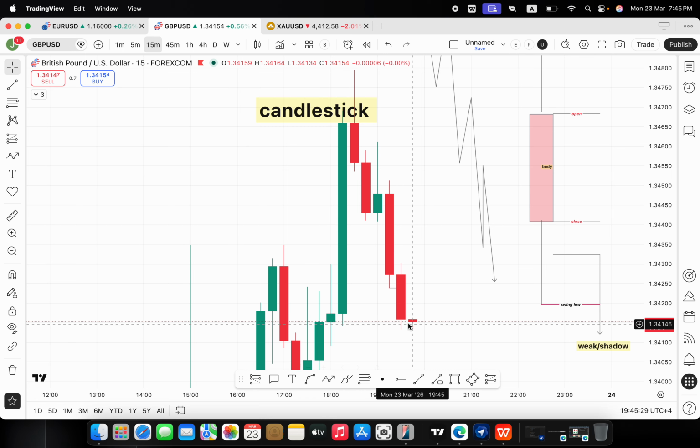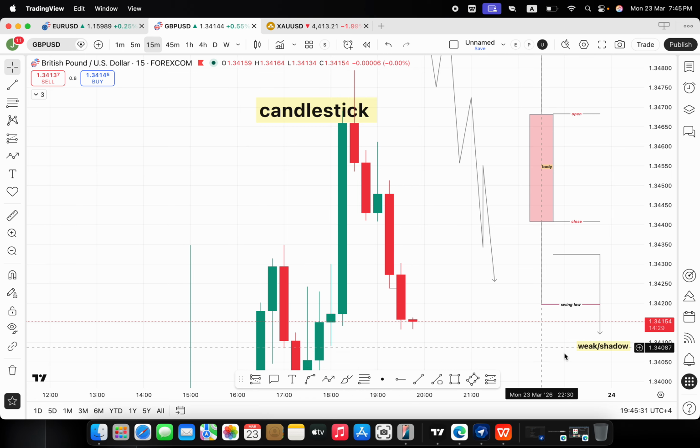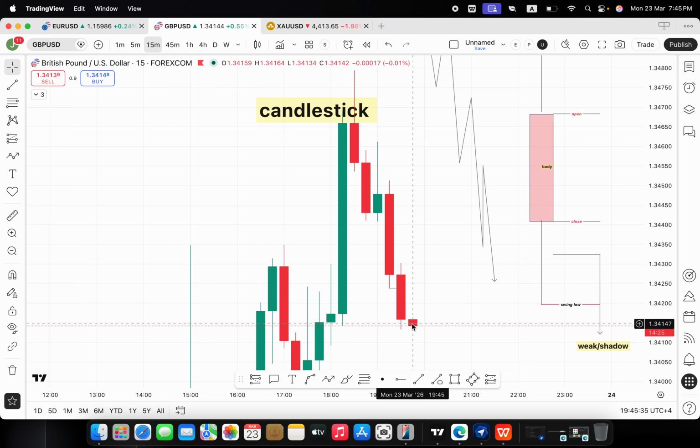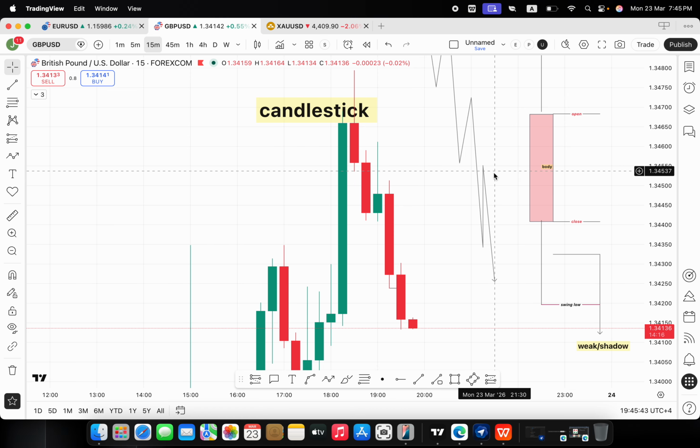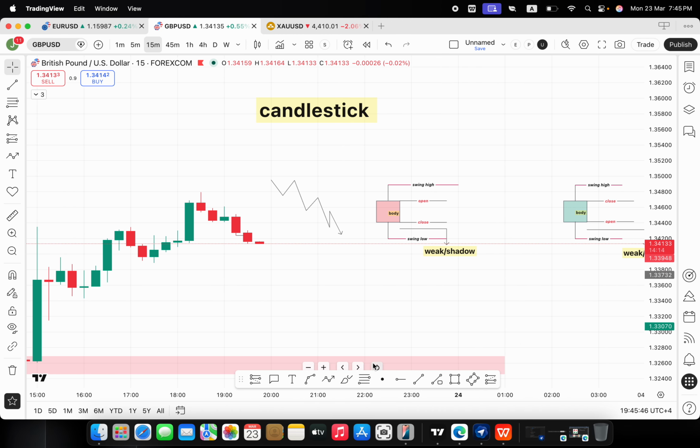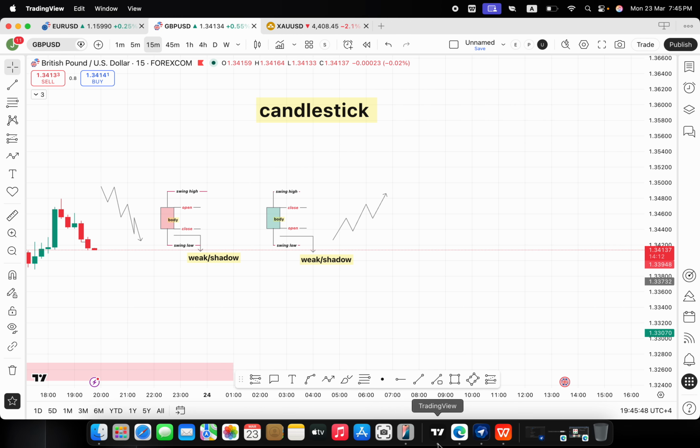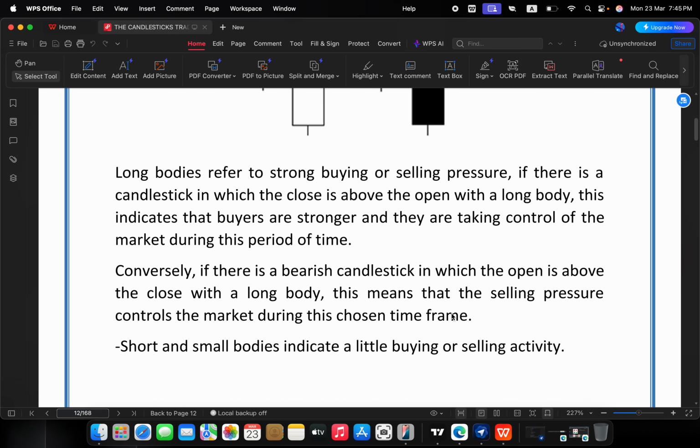So this one is active now, which means it has like 14 minutes remaining for this candlestick to close. So when it closes, if it closes bearish, another candlestick might close bearish again. So you see, that is what they are trying to explain to you here with choosing the time frame.